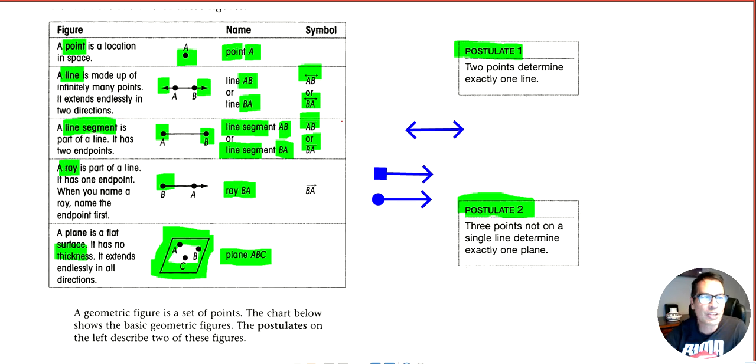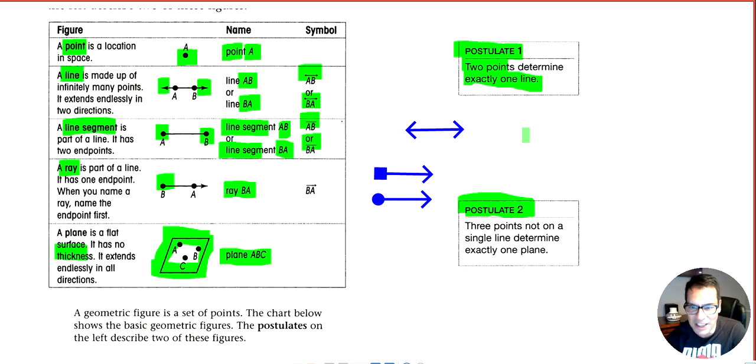Now, here's what's called a postulate. What a postulate means is that it's something that's going to be consistent all the time. It's true all the time about something. So postulate number one that's good to just remember is that 2 points are going to determine one and exactly only one line. 2 points are going to make one line only.